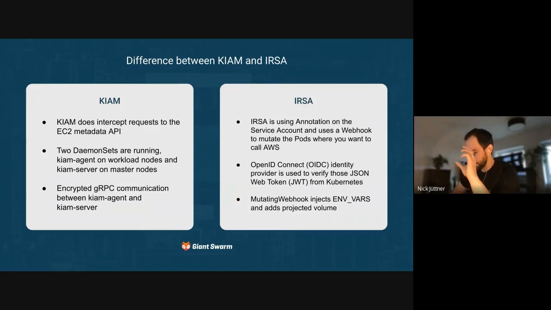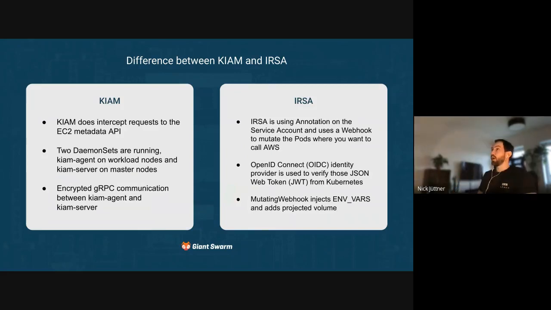To talk about the IRSA solution, this is a bit different. Instead of having the annotation at the pod level, you set an annotation on the service account. Whenever you create a pod, there is a pod identity webhook provided by EKS, which mutates the pod in order to call AWS. You can think of it as providing a projected volume.